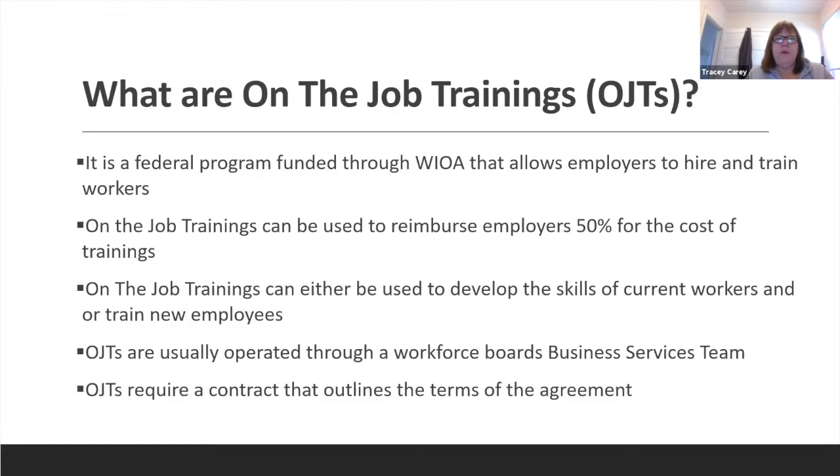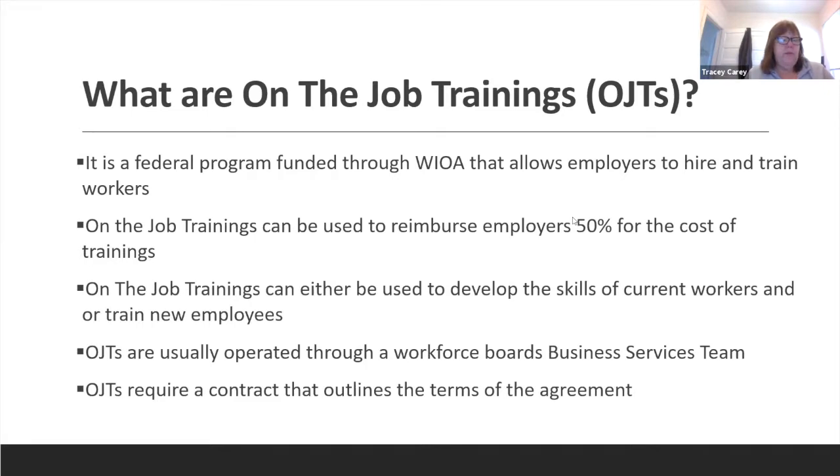But the folks who are here today to talk with us have really got a great history and experience in using this tool, and they're going to share that experience with us today. And the hope is that we can go back to our own communities and think about how we can apply on the job training as a tool. And we don't want to use a hammer to repair glass. So we want to apply it in the right environment.